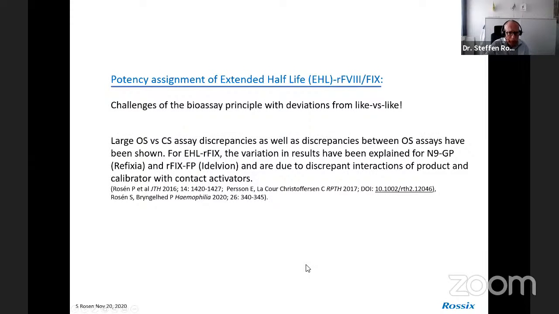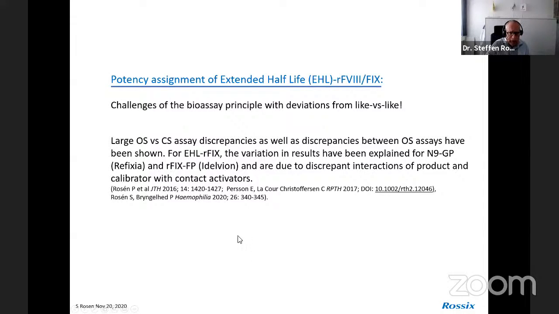And very shortly, on the potency assignment of extended half-life recombinant factor 8 and 9: this really constitutes challenges to the bioassay principle, with many deviations from like versus like. We have been involved in some studies here.